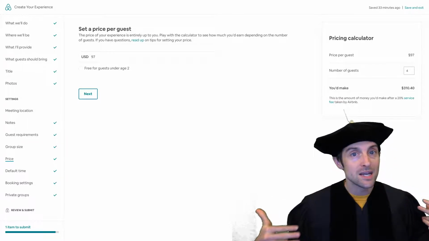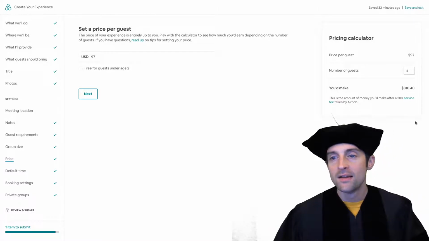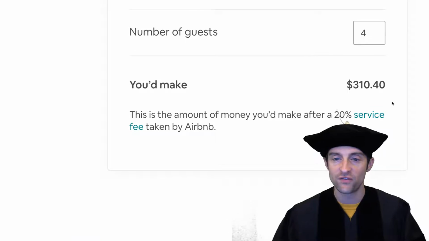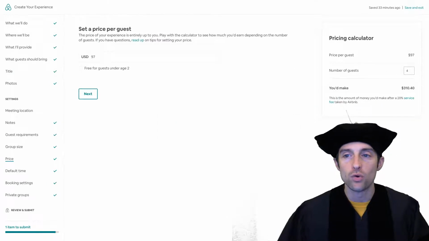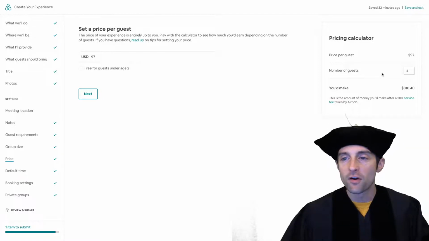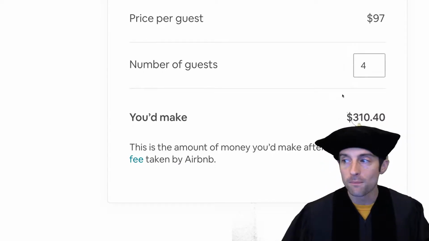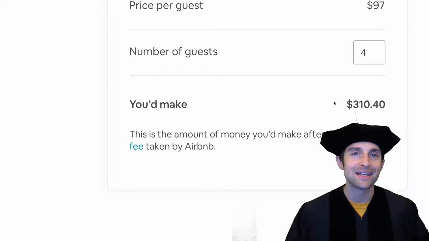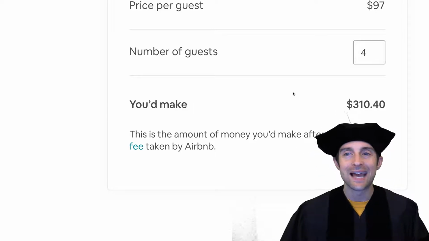And keep in mind that while this might cost $97, after the 20% service fee by Airbnb, I would make something like $70-something out of it. However, multiple people can book, so let's say 4 people actually booked, then I'd get $310 for an hour and a half instead of $97.